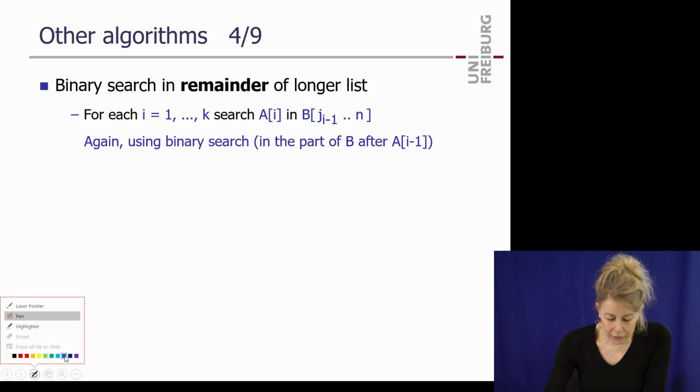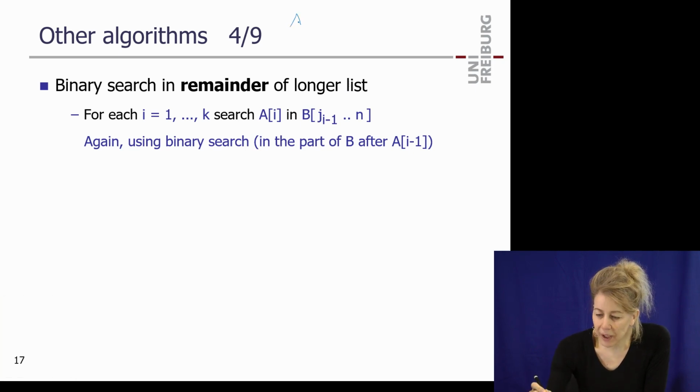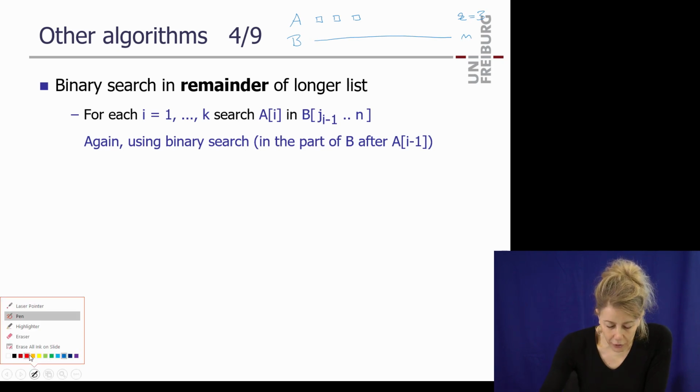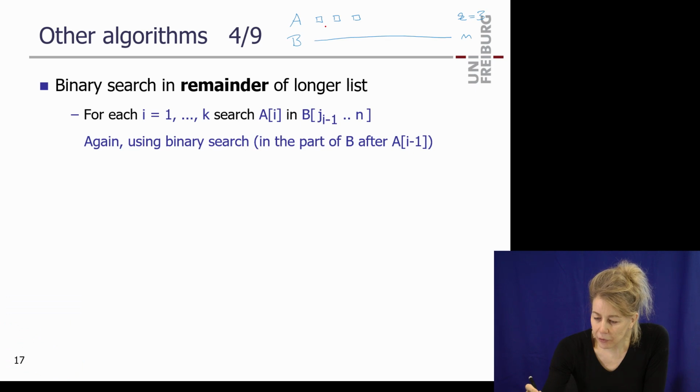pretty obvious if you think about it. Again, 3 elements, let's just do 3 for the sake of example. So our k is equal to 3, and our B is some long list. Now let's assume we have already located the first element here, so we know it's here. This is the first element, this is the second element.